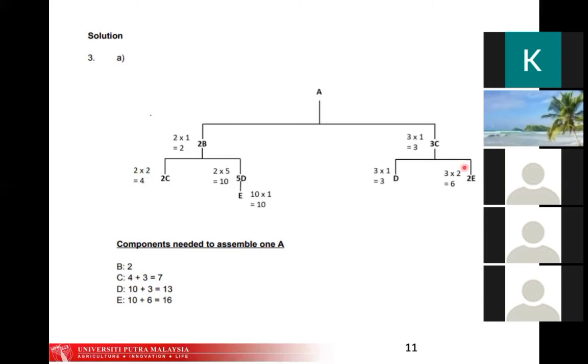D equals 13 because 10 plus 3. E equals 16 because from B you can see E equals 10, and from the right side you can see E equals 6, which is why 10 plus 6 equals 16.